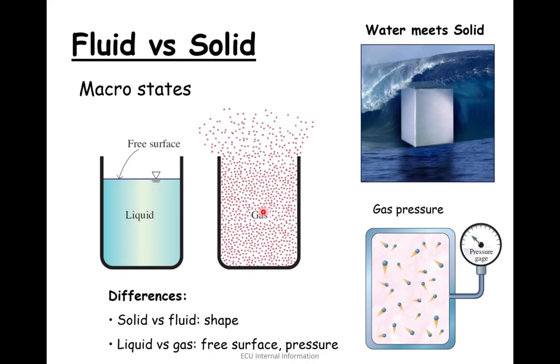But if we inject a gas in a container, due to random motion the molecules can go out of the container. If we confine the container and push the gas in, it will cause pressure, similar to a car's tire that we pump air into, and you can see the pressure goes up.